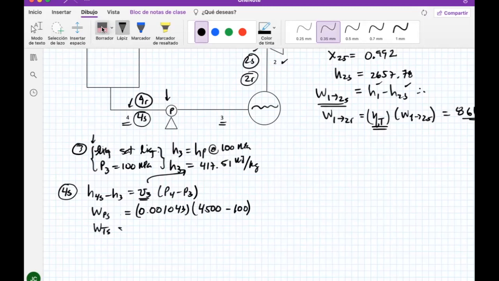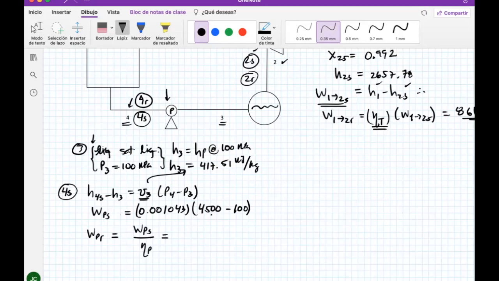For the isentropic part, I actually do not care too much about it. I care about the real part of the pump. You can calculate it pretty easily: you just do WPS divided by the efficiency of the pump, which is going to be a higher value because you spend more electricity in an imperfect machine than in the isentropic machine.